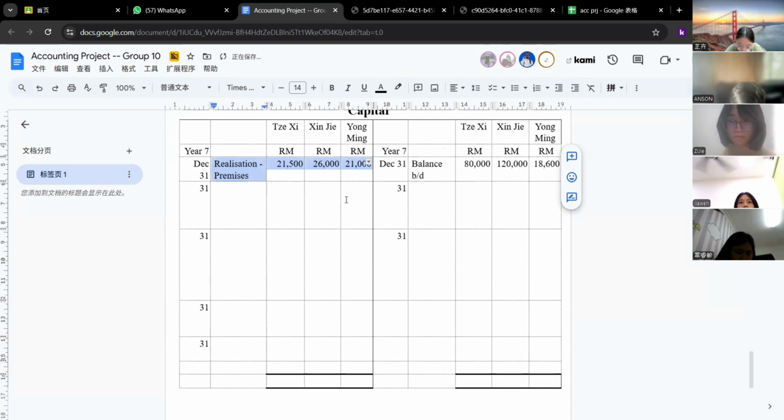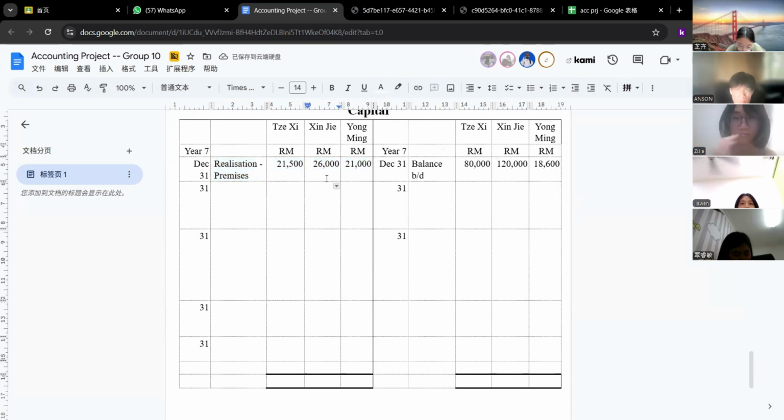Premises: Zixi takes 21,500, Xingjie takes 26,000, Yongming takes 21,000. Then credit to realization.